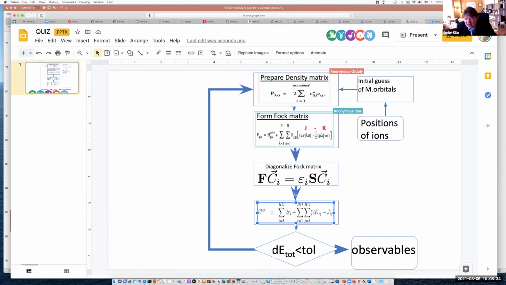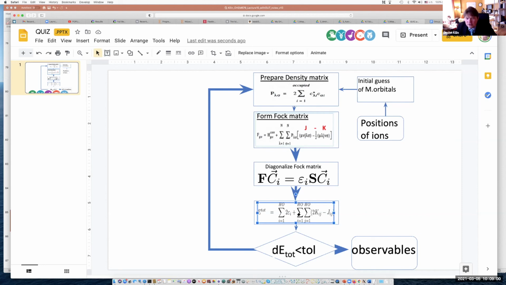And the Fock matrix, although it is composed of the same atomic orbitals, will have different values upon this recomputing of molecular orbitals. And then with this new Fock matrix, we rediagonalize, find total energy, and check whether it matches the criteria.